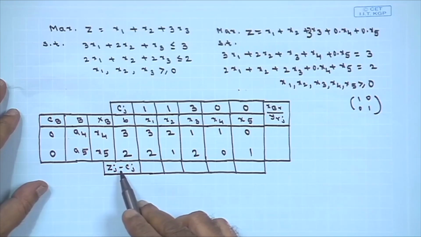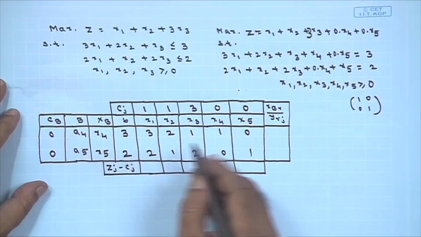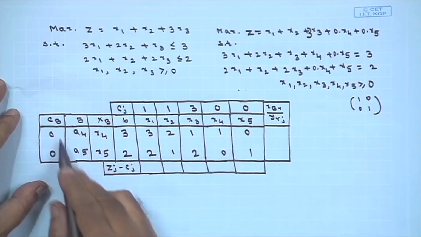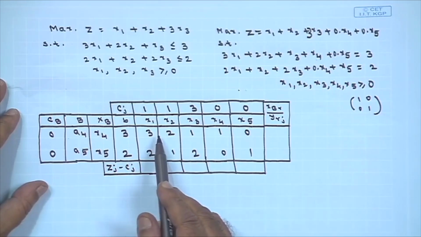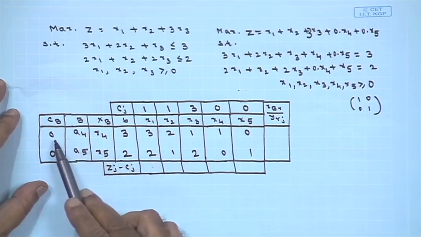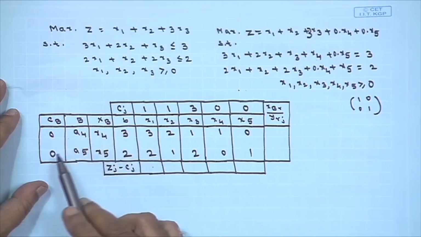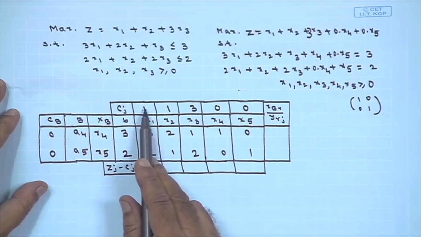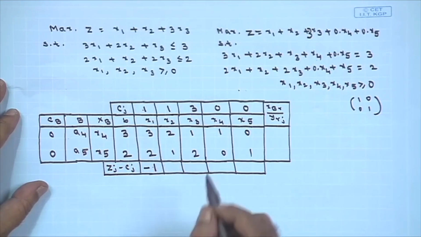For the first column, Zj minus Cj will be Cb into Xb, that is 0 into 3 plus 0 into 2, minus Cj, and this equals minus 1.